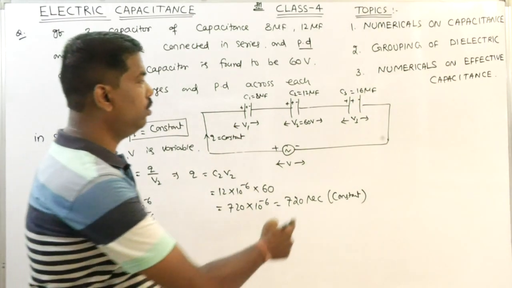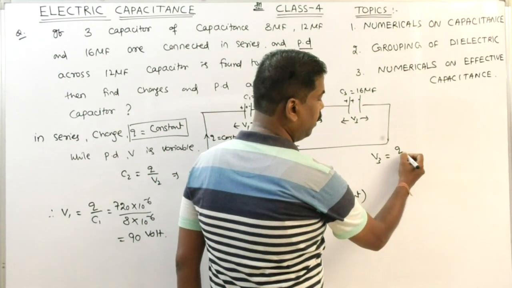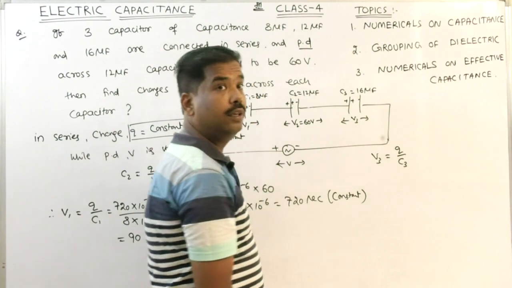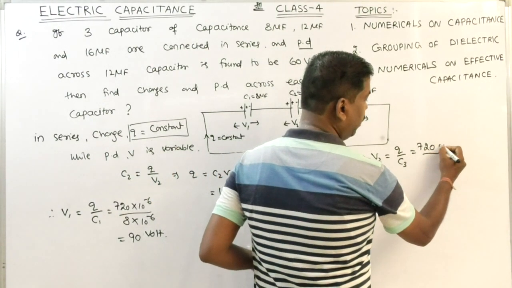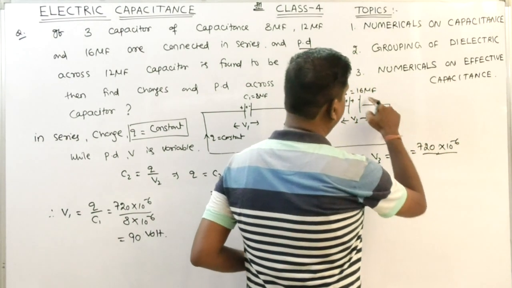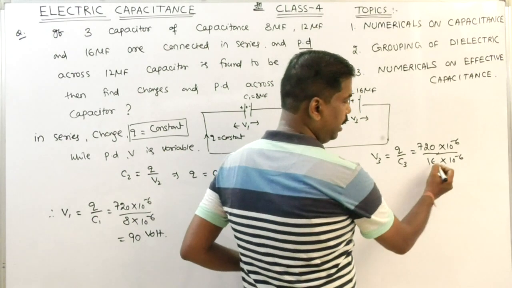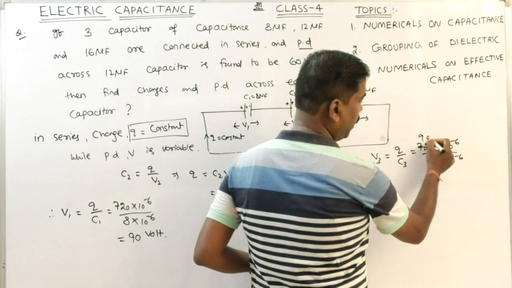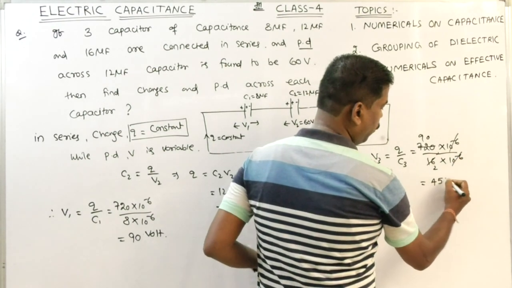Clear? Now we need V3. So V3 is equal to again Q by C3. Q is 720 microcoulomb, C3 is 16 microfarad. So it is found to be 45 volt.